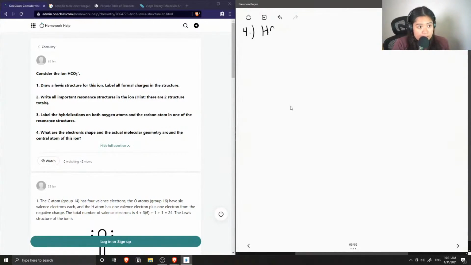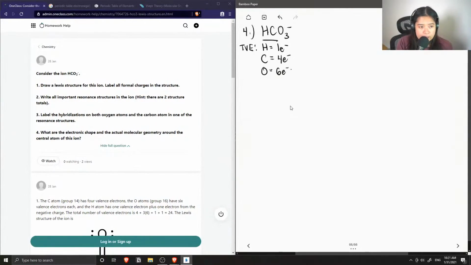Okay, so this question has multiple steps. First, we just need to write out the Lewis structure. This will help us answer all of the questions. So we need to calculate the total number of valence electrons for this ion. Hydrogen has 1 valence electron, carbon has 4, and oxygen has 6.